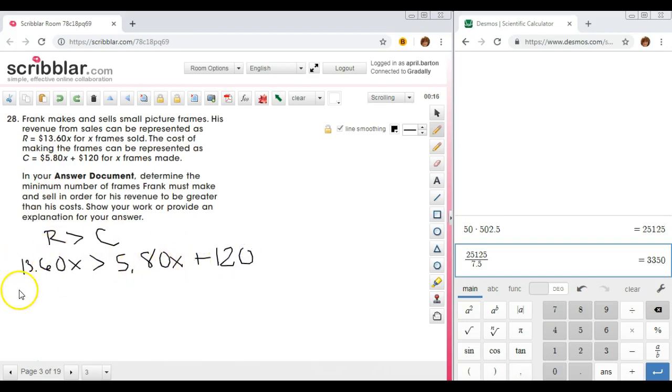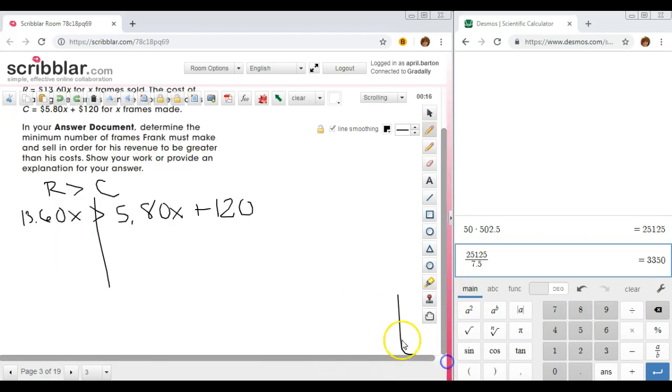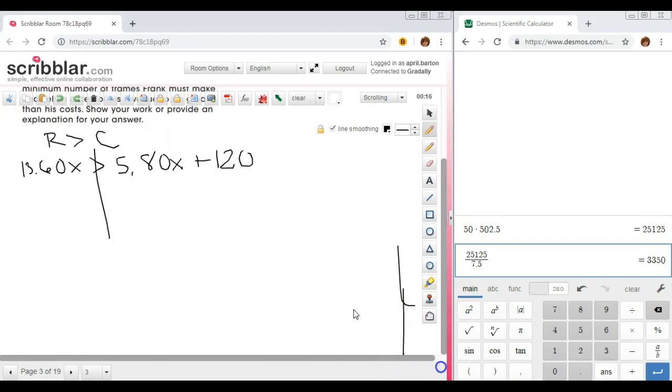So to solve an inequality like this, we have a variable on the left and a variable on the right. We've got to get those onto the same side. Our inequality sign splits this into two sides. So to do that, we have to do opposite operations. Since this is a positive 5.80x, we want to subtract it.